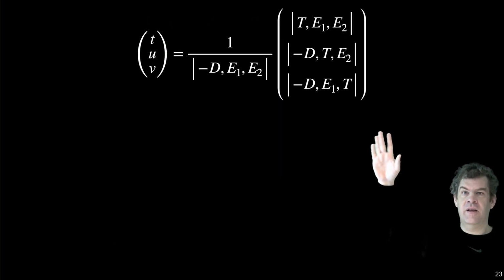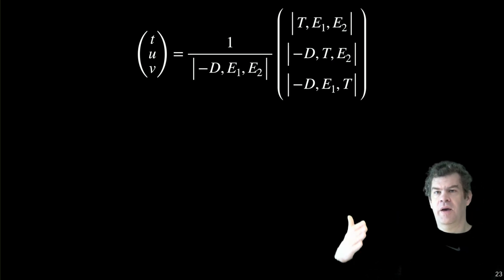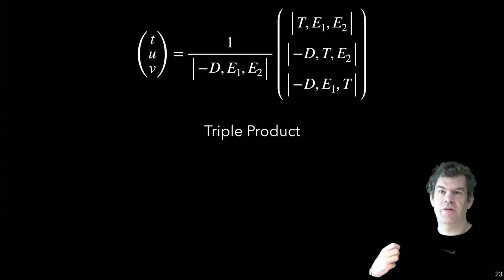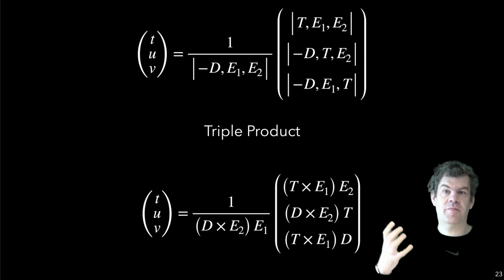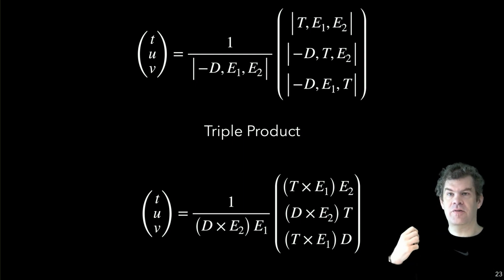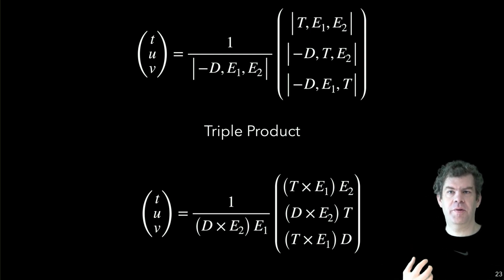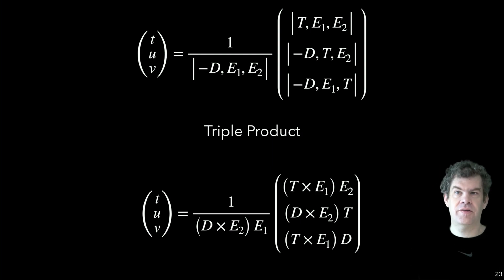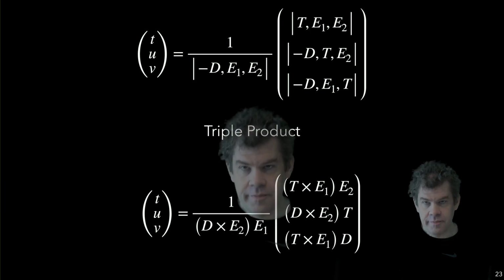Okay, let's look at this setup here in a little bit more detail. So it happens that there is a thing called a triple product, which is something that you've probably not heard before. And the triple product is a combination of a cross product and a dot product. So it turns out that if you want to compute the determinant of a 3 by 3 system, which is made up of, well, 3 column vectors, and in this case, let's just focus on this one here.